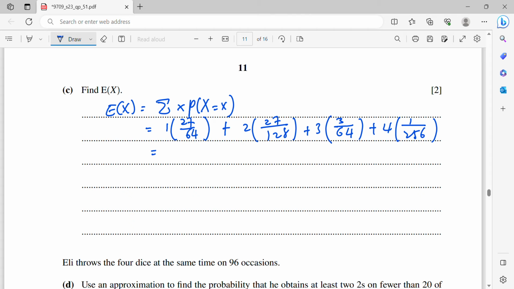Okay, so from here, you will be getting 1. Okay, that's the solution for expected X.